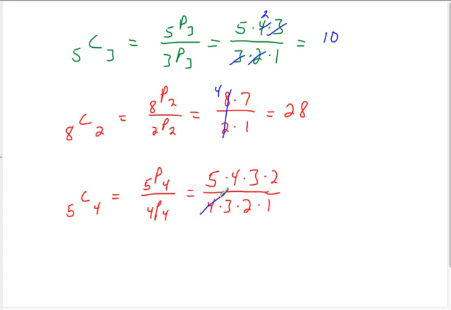Do some reduction, and we end up with 5 different possibilities. So when we're choosing a group of 4 people from a group of 5, the reason there's 5 possibilities is because each time one person is left out, right? And so of the 5 people, each time one is left out, so there's 5 different choices.